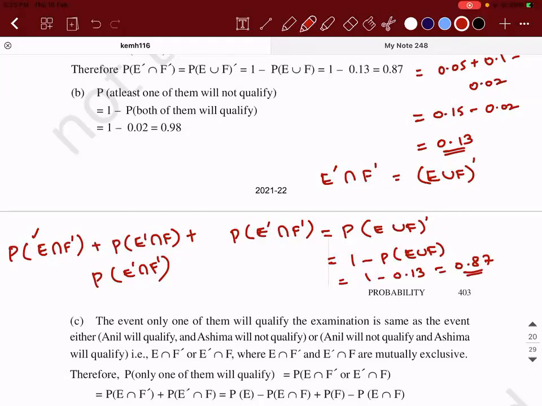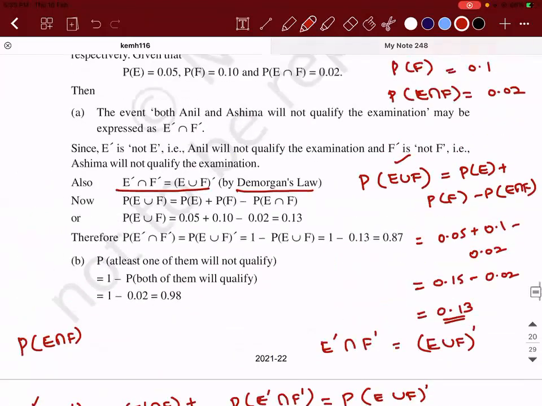Right? So I can either use this formula to find out, or if I know the probability of both of them qualifying simultaneously, I already know it, which is 0.02.